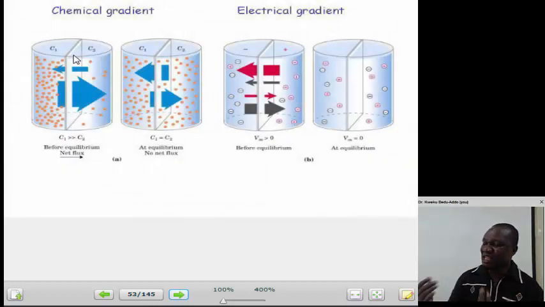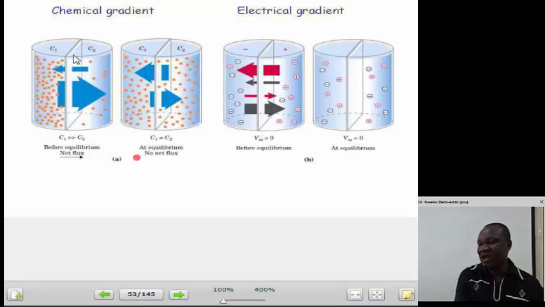Now, in addition to the concentration gradient, ionic movement is also dependent on the electrical gradient. Now, I'll use this diagram to explain the chemical gradient and electrical gradient. In A, at the beginning of the experiment, that is before the equilibrium, the concentration of the particles in C1 is greater than particles in C2.